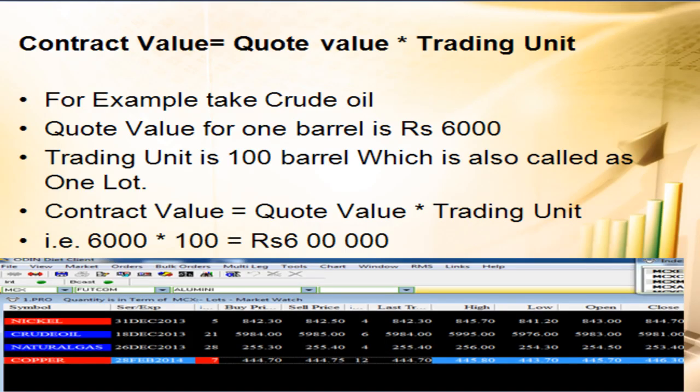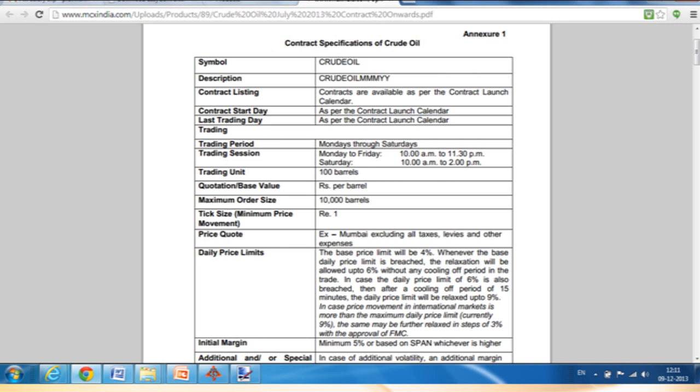In order to arrive at the contract value, just multiply the quote value and the trading unit. In the contract specification, you can notice that they have mentioned quotation slash base value as rupees per barrel.